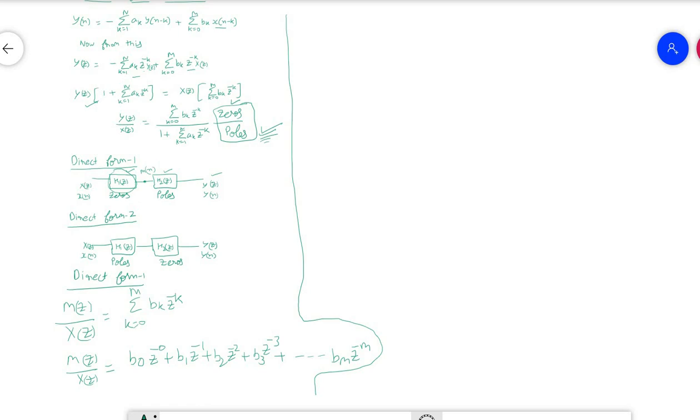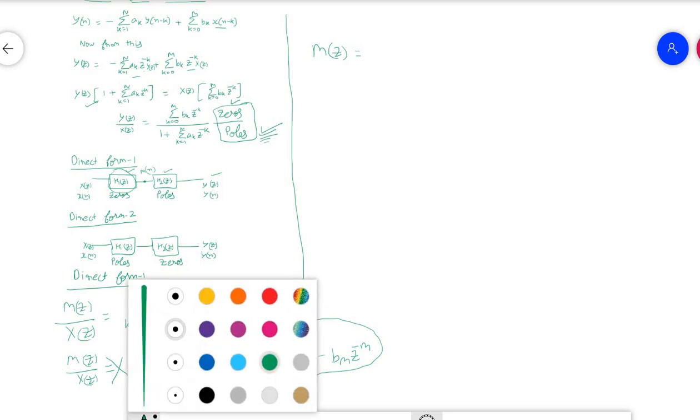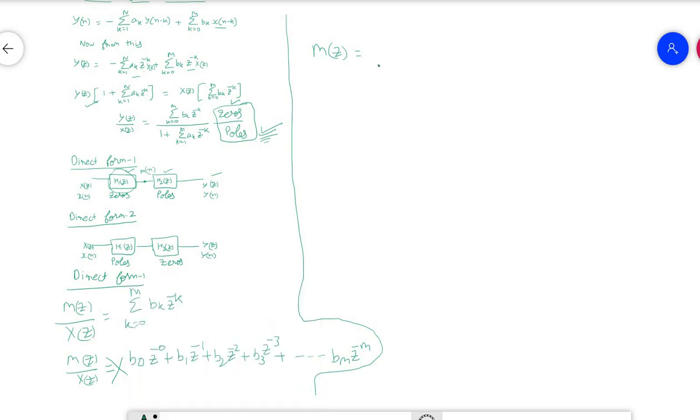Now after that, cross multiply these two, this M(z) equals X(z) times b0 z to the power 0, which is 1, so this value is 1, then b1 z^-1, b2 z^-2, and so on.